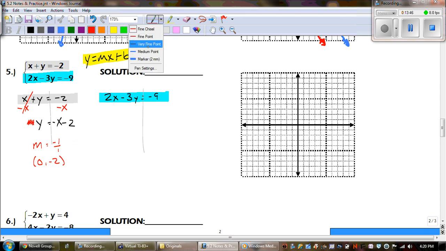So I'm going to go ahead and graph that real quick. I'm at 0, -2, and I'm going down 1 over 1. Okay, go in both directions. And then once you've got them, draw your line.